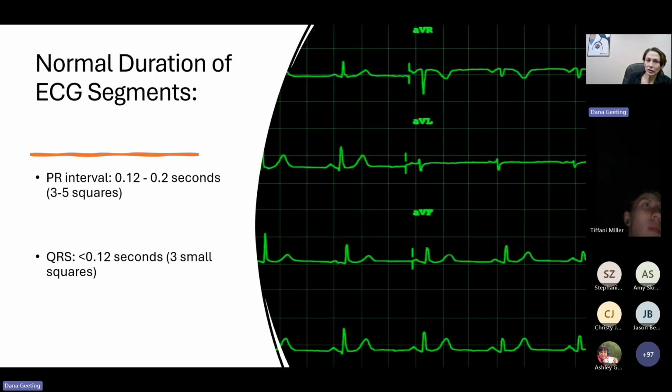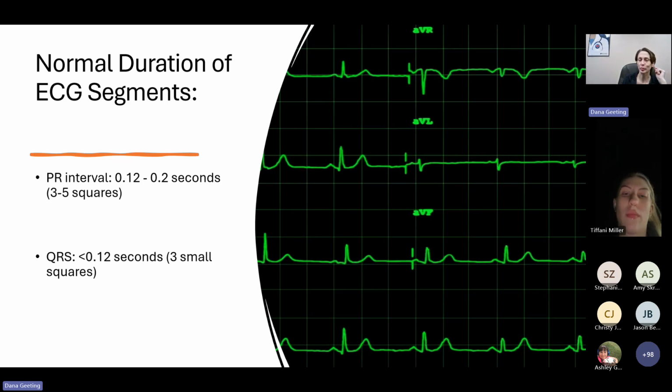So for any normal ECG segment, your PR interval when you're measuring it should always be between 0.12 and 0.20 seconds. So in your ECG strip, you're going to have larger blocks and then smaller blocks.